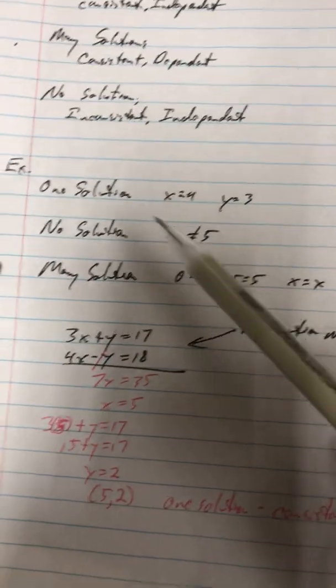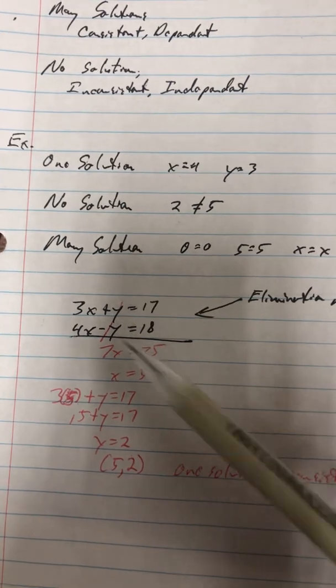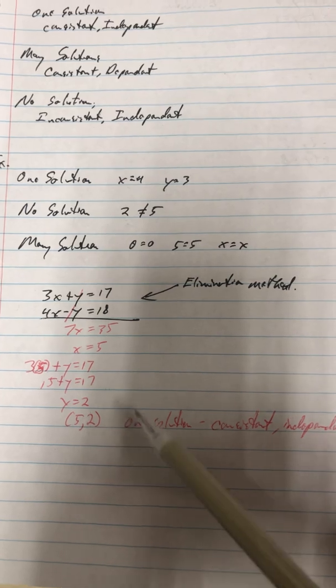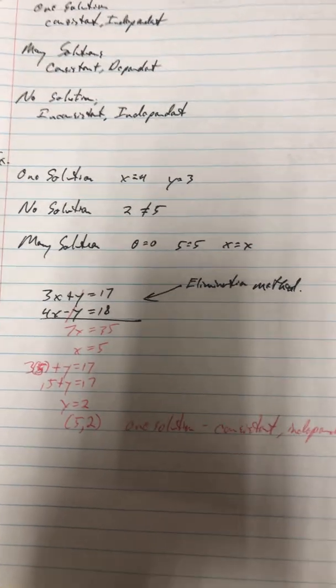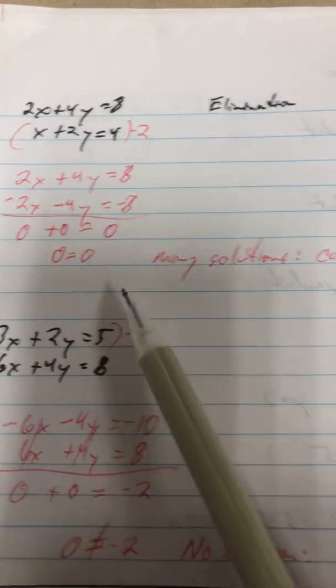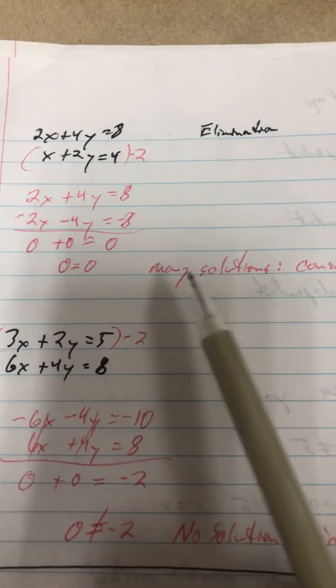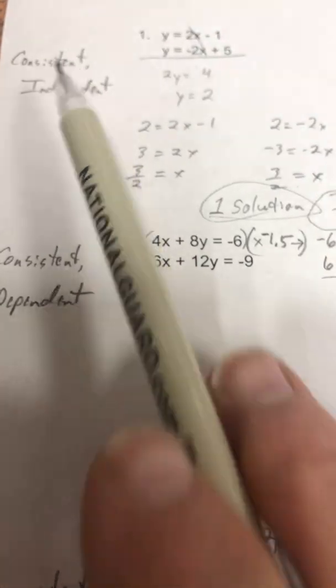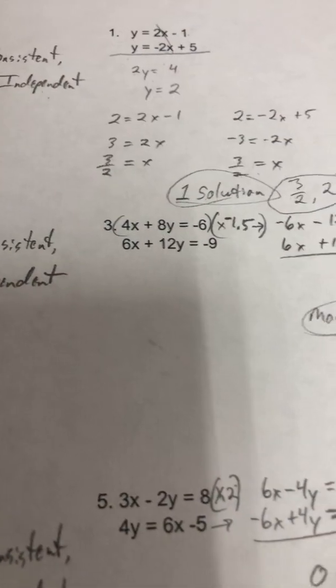She gave some examples of one solution, no solution, and many solutions. She worked out some problems on one solution, and then she did the elimination method, what we just did, then a many solutions example there, and a no solution example there. So those are from your notes. That's where I'm getting these answers from, of how to answer, as consistent and independent.